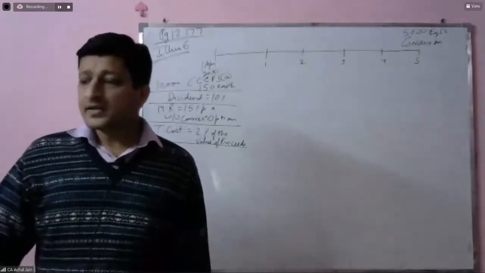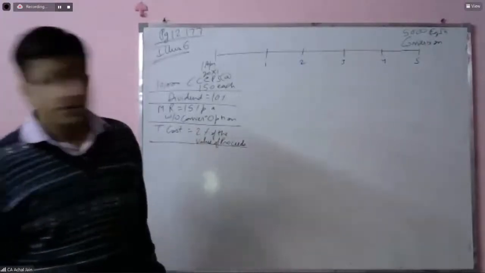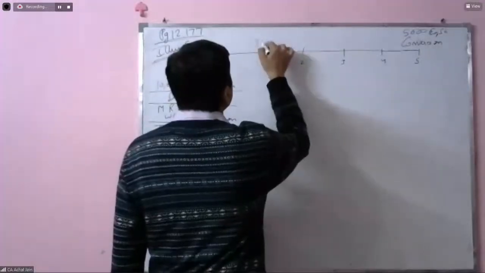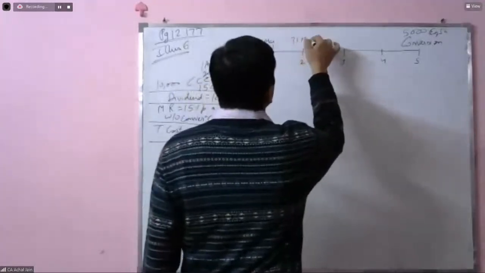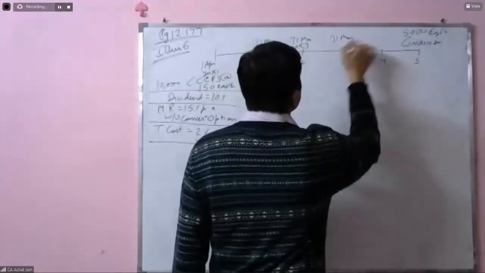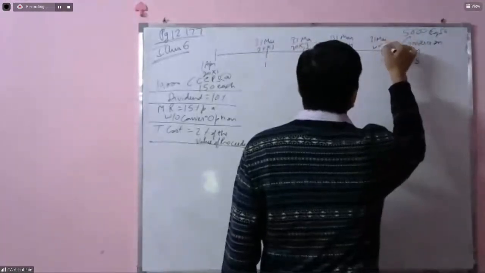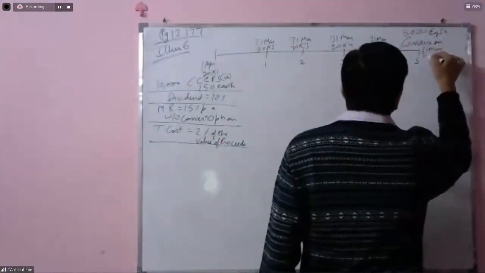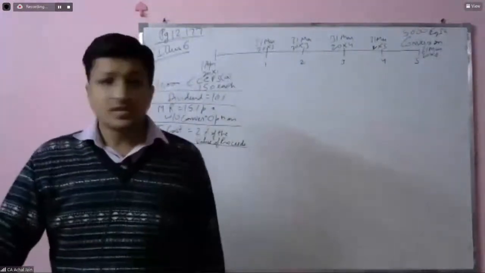So the date of allotment is available, and the date of conversion we can just have. That's 1st April. This will be 31st March 20X2, this will be 31st March 20X3, 31st March 20X4, 31st March 20X5, and the date of conversion will be 31st March 20X6, or we can say 1st of April 20X6, which is given in the question.